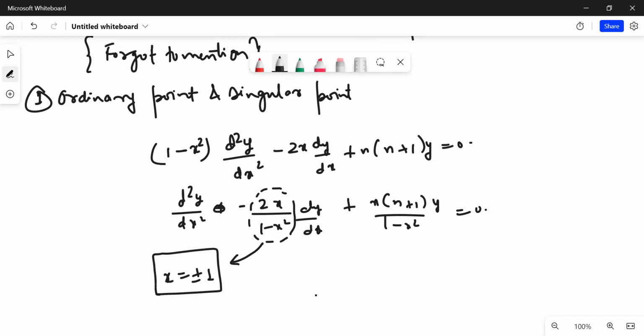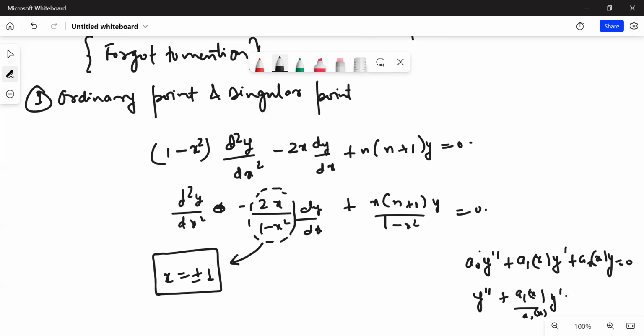So I'll just give you an example. If I have a differential equation given by a naught x y double dash plus a1 x y dash plus a2 x y equal to 0, this I can write as y double dash plus a1 x upon a naught x y dash plus a2 x divided by a naught x y equal to 0.